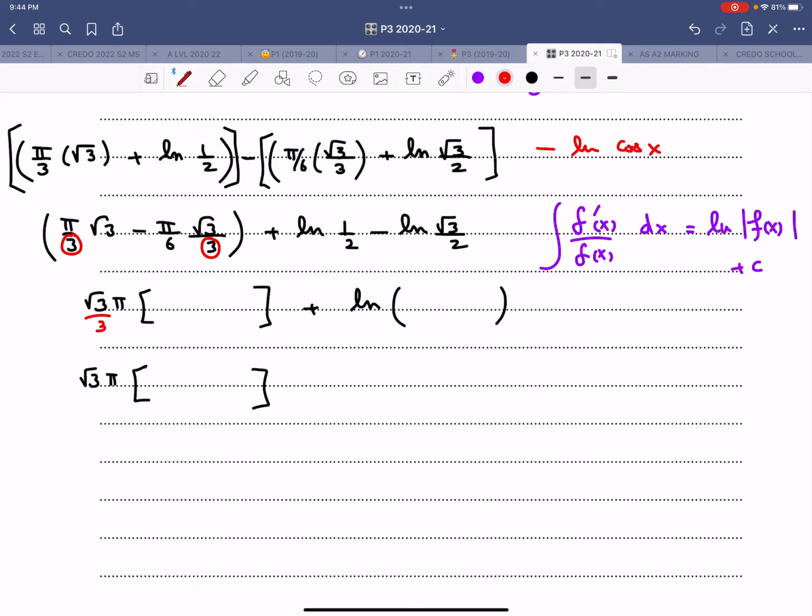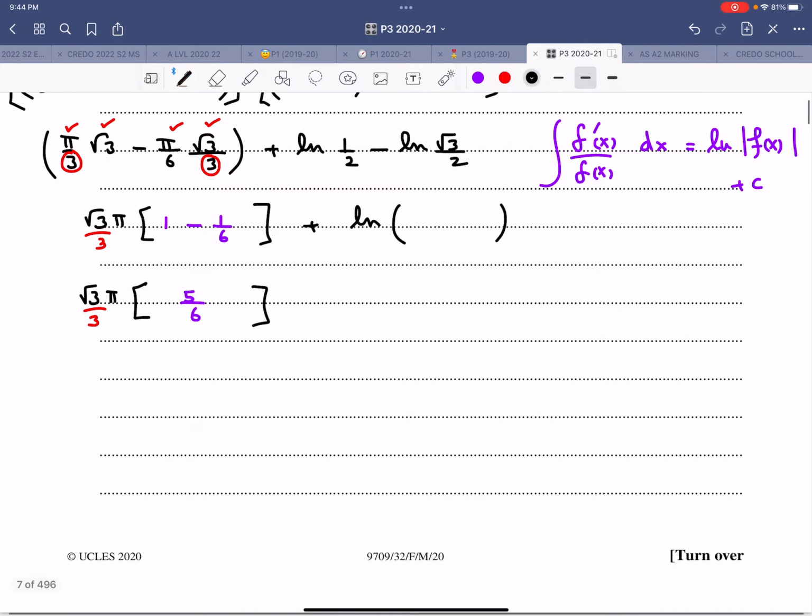So therefore this is pi and root 3 and pi and root 3 and this thing common out. So what are you left with? I am left with, sorry, pi and root 3, this is 1. And what are you left with? Pi, root 3 and 3, this is 1 minus 1 over 6. 1 minus 1 over 6 is 5 over 6. Don't forget this 3 on this side.